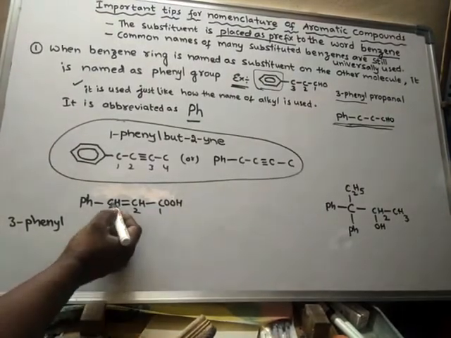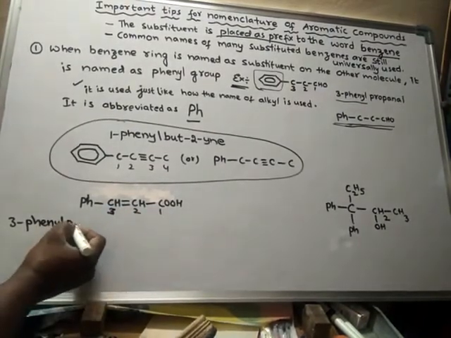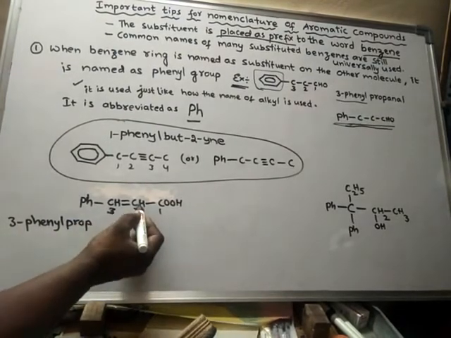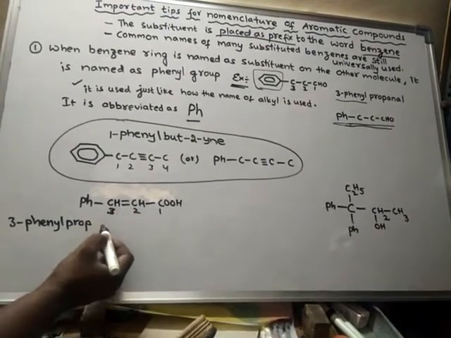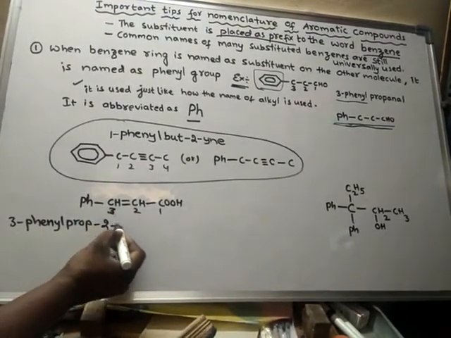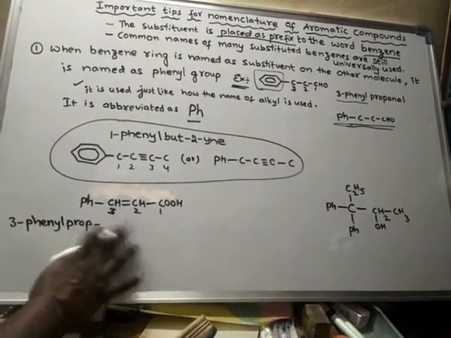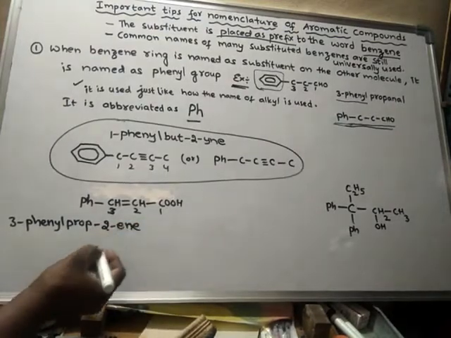How many carbons are there in the parent chain? 3. 3 means prop. So 3-phenylprop. On the second carbon in the parent chain there is a double bond, so prop-2-ene.